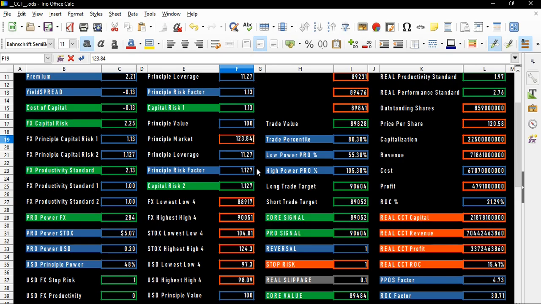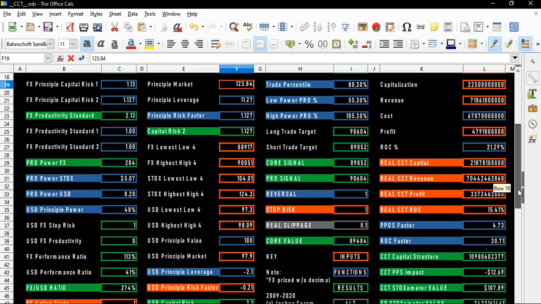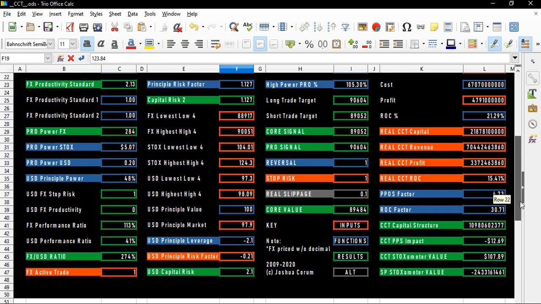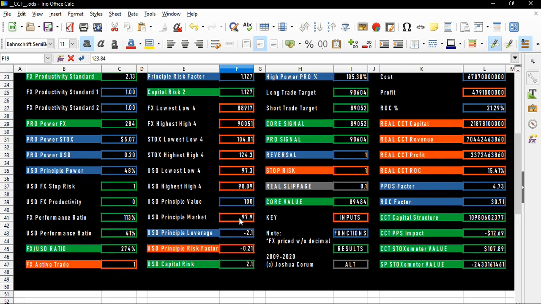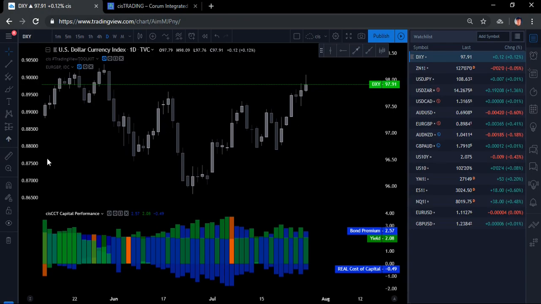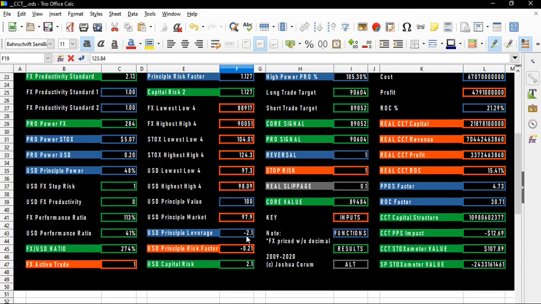I go back to my CCT Pro Calculator, lowest low, 97.30, highest high, 98.09. And then I'm going to put in the current value of the US dollar. So go back to my chart, and I'm at 97.91. And I'm at 97.90. That's fine. I'm not going to worry about the 1 penny. I'm just going to leave it like that.